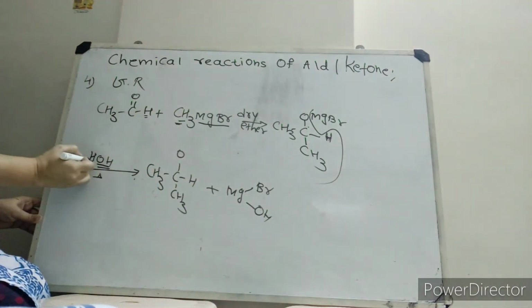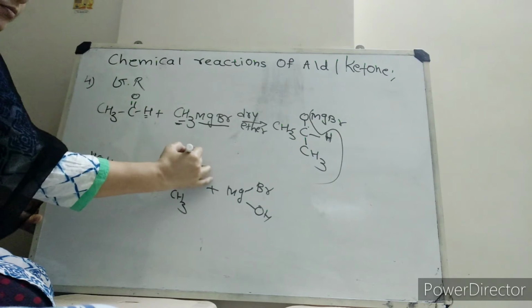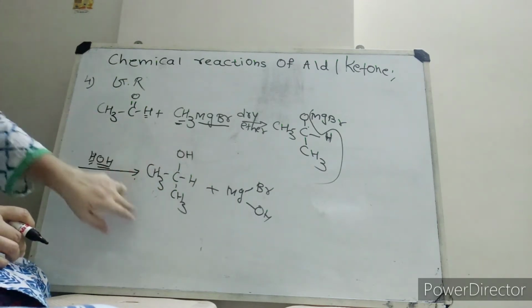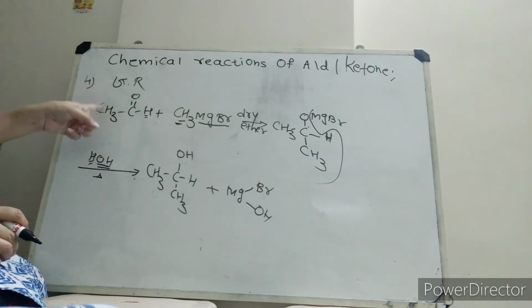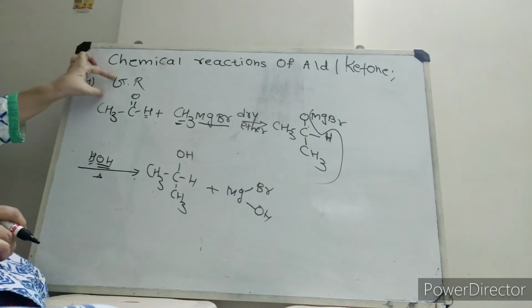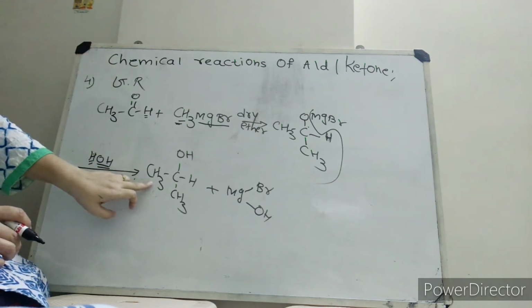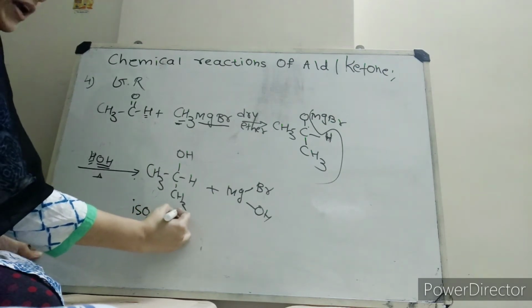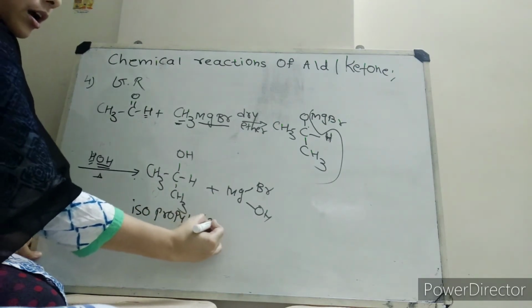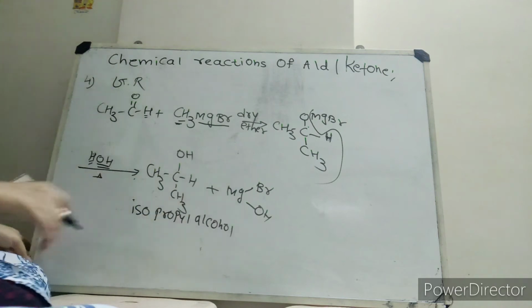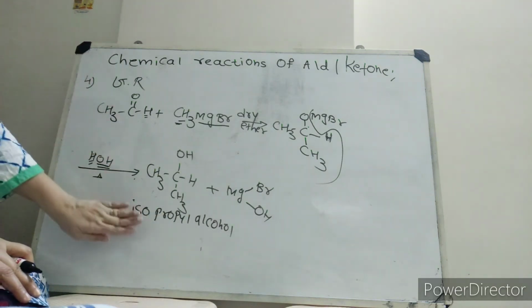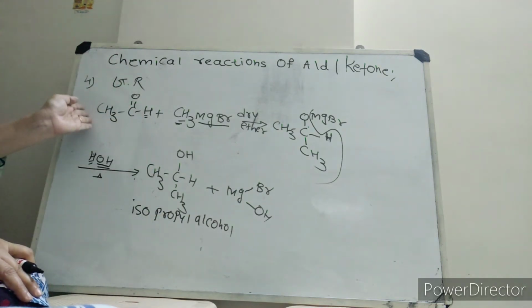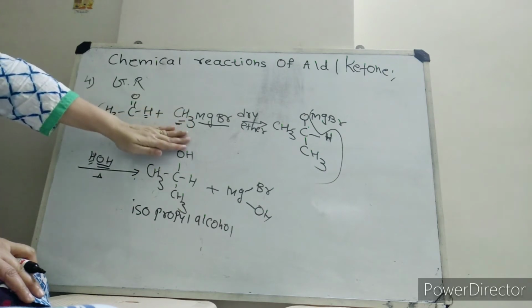And this hydrogen combines with this oxygen. So we get this alcohol from the aldehyde by using the Grignard's reagent. The name of this alcohol is isopropyl alcohol. So in this way we get the alcohol from the aldehyde by using the Grignard's reagent.